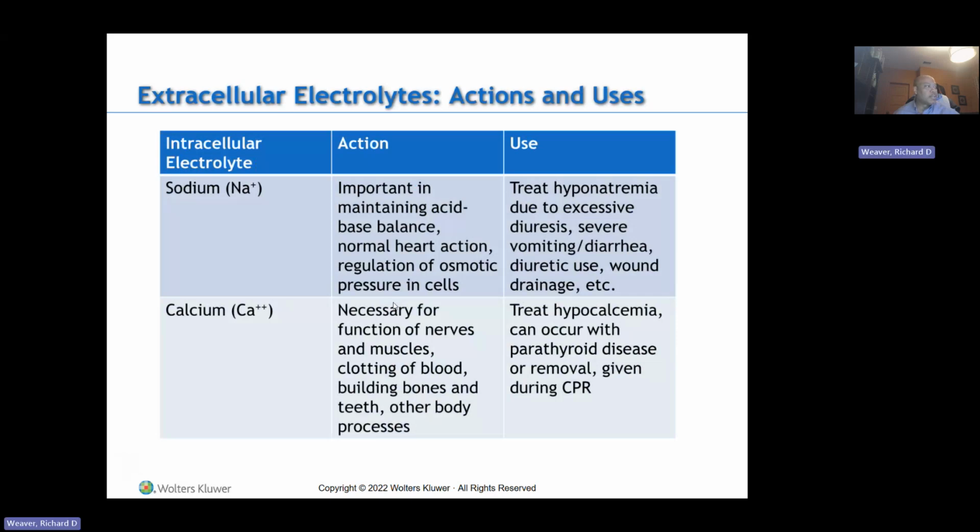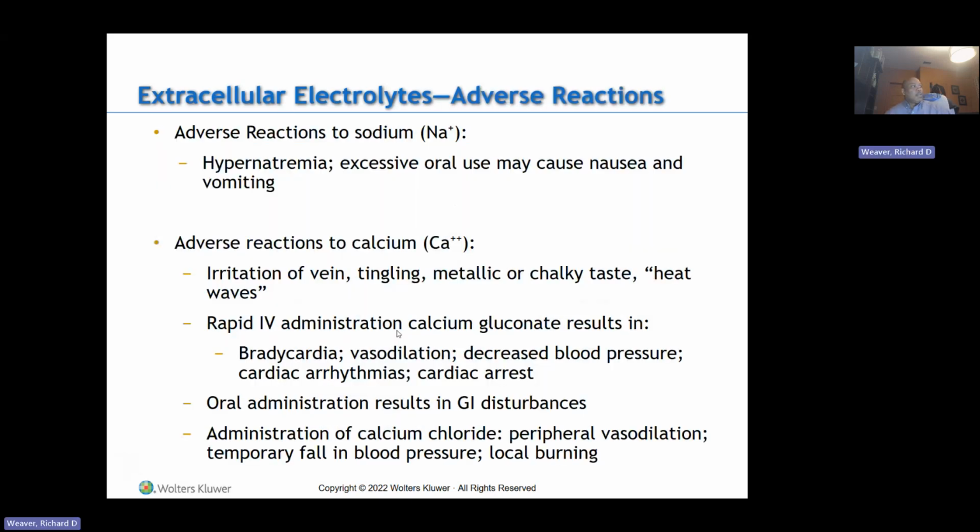All right. Now, in terms of the extracellular electrolytes, what we're saying is this particular salt, if you will, is outside of the cell in the extracellular space. Adverse reactions: hypernatremia, high sodium levels, can occur, especially when you're trying to replace it.